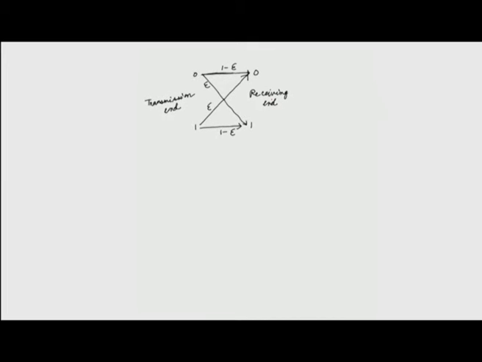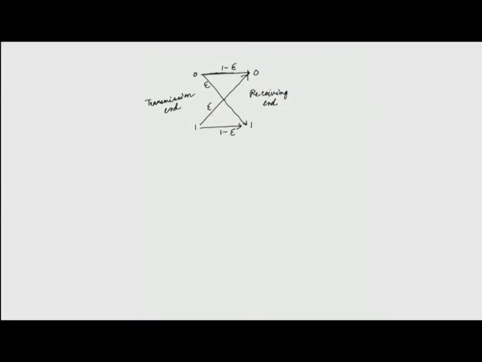This is a simple model of a communication channel known as the binary symmetric channel. At the transmission end, either 0 or 1 is transmitted, and at the receiving end, either 0 or 1 is received.